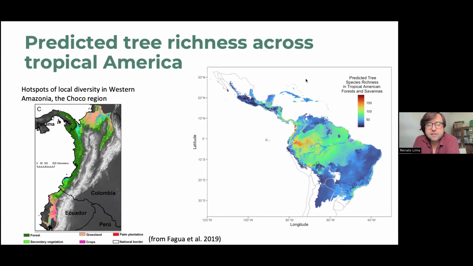We have really high tree species diversity elsewhere as well, importantly in the Choco region, Mesoamerica, and some stretches in the East and South America in the Atlantic rainforest, where we could have a really high number of alpha diversity outside the Amazon. So again, the message is that when you think of high alpha diversity across Latin America, we are not only talking about the Amazon. Next slide, please, Jerome.